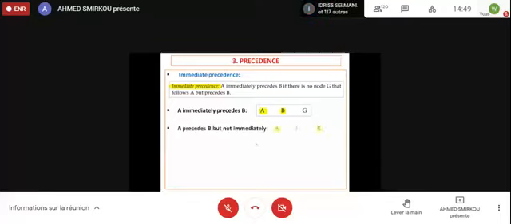So here, A precedes B, but not immediately. A precedes B because it is to the left of B, but not immediately because there is a node between them. So A immediately precedes J, but it precedes B only non-immediately because there is a node intervening. This is simple. You don't need to worry.